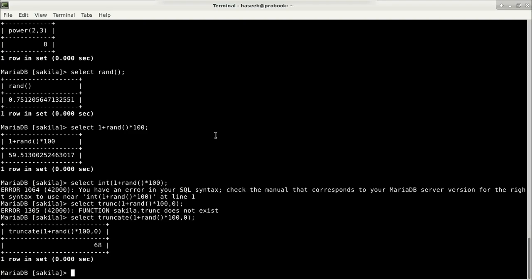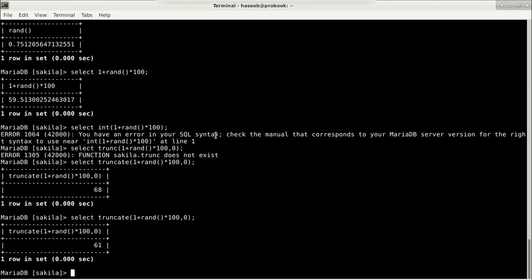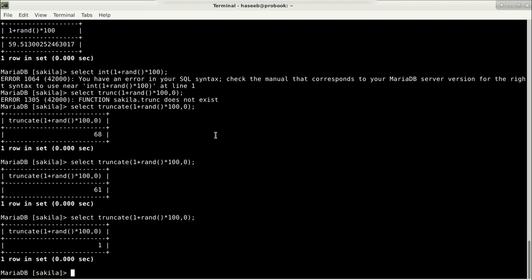So by calling the truncate function, we will only get an integer value, and if you want a decimal value, then we don't have to use the truncate function. So this is how we can use the random function to find random values between our two given ranges. Each time we call it, we will get a different value.